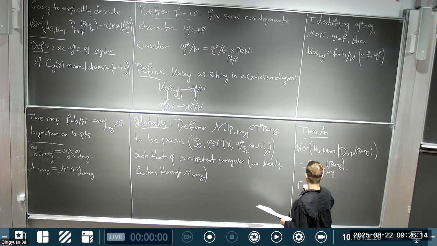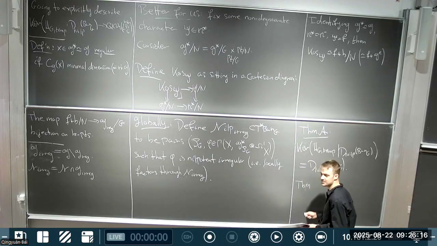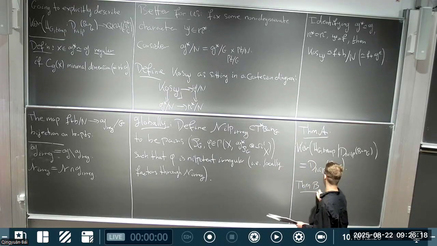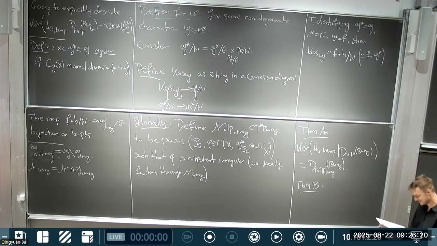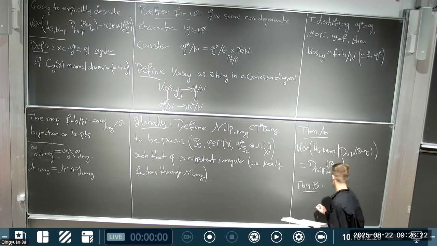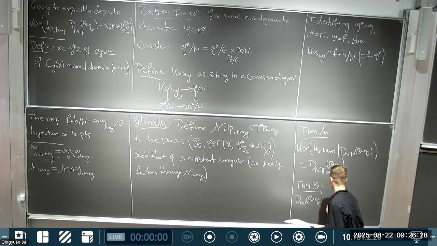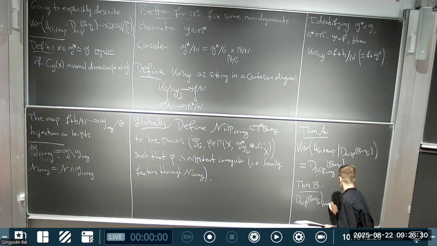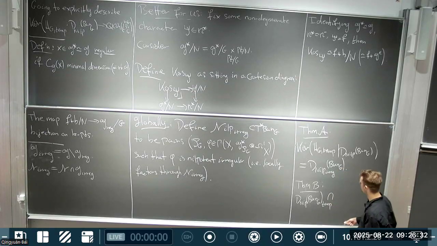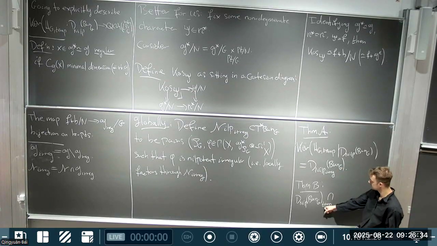So theorem B. I think Kabir asked that. Theorem B says that if you take the tempered things, the goal was to prove that this thing is never in the kernel.